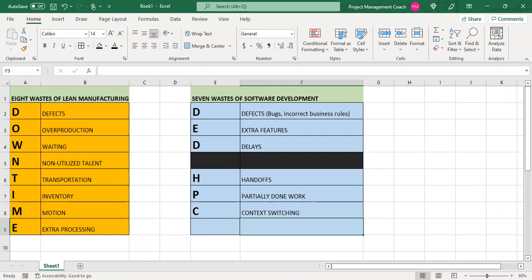There are actually videos on YouTube that show you how context switching could result in really bad waste. So some people call it task switching, like I said, but this refers to how many other tasks an individual needs to do. For example, the amount of tasks done simultaneously or the amount of projects done simultaneously.